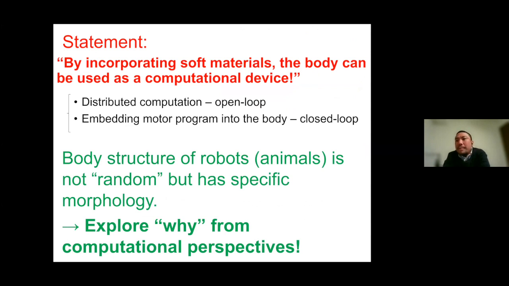It has a specific shape, morphology, which means that it is biased somehow. This specific shape has some preference, some specific task to solve. So by using this physical reservoir computing framework, we think we can understand why we need this kind of shape from a computational perspective.